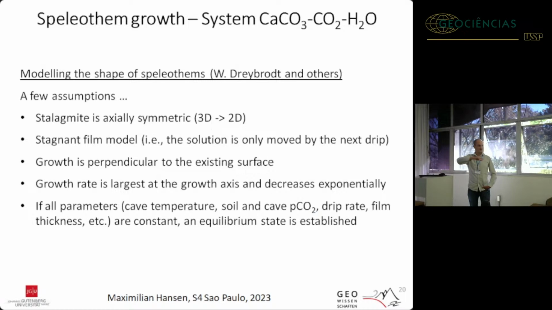It's basically a stagnant film, and then you get a new drop, and the solution is replaced by the new drop. The other assumptions are that the growth is perpendicular to the existing surface, and that the growth rate is largest at the growth axis and decreases exponentially to the edges.